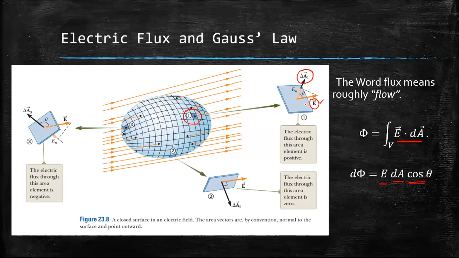So if I take this surface number one, electric field is coming out from the surface, so this element of flux would be positive, while at point number three, air is coming into the surface, so we will take this flux as negative.